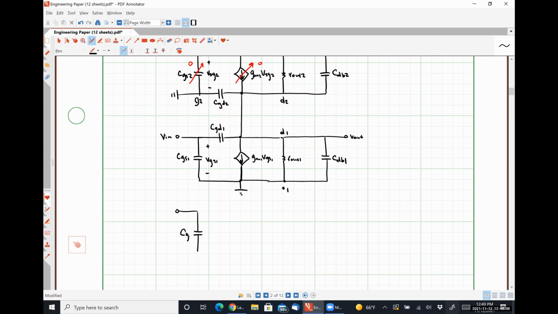This is going to be CGS1, CGD1, GM1, VGS1. Here's where VGS1 is. I'm going to call this resistor R out 1 in parallel with R out 2.